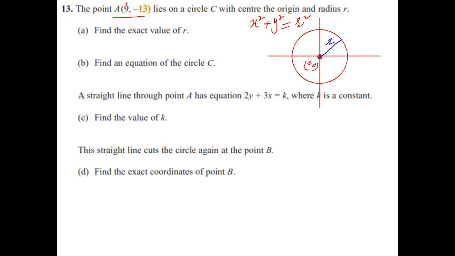So you just put these values of x and y in the general equation to figure out the value of r. Just replace x and y with these coordinates. So 9 square plus minus 13 square is equal to r square.